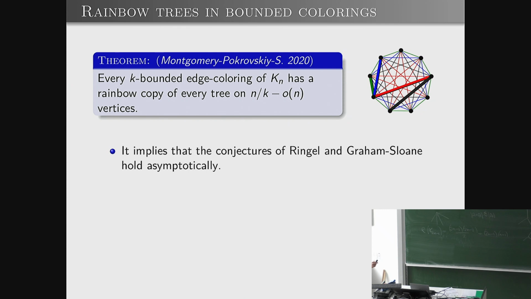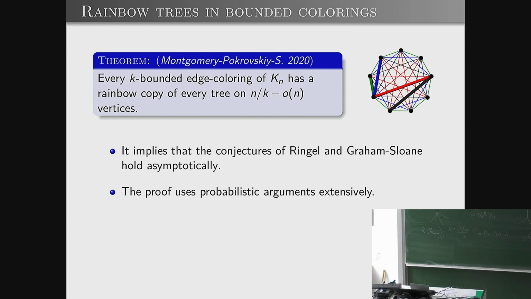Moreover, observe that n over k is tight, because if I have a k-bounded coloring, then at every vertex, every color can indeed appear k times, and therefore in total there would be only n over k distinct colors, so I cannot improve it. I want to say that the proof is quite interesting, but I will not go into it.